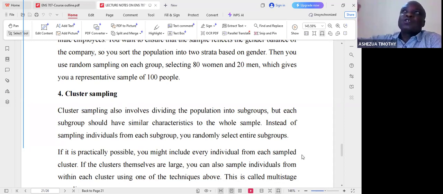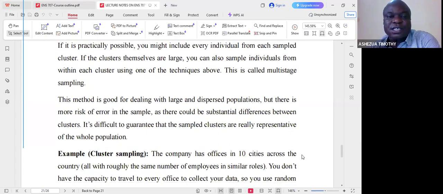They were grouped into 4 places. So you select the first row, one group was selected, and the second row, another group was selected. When you do that, this is called multi-stage sampling.